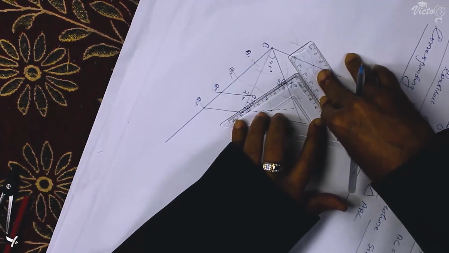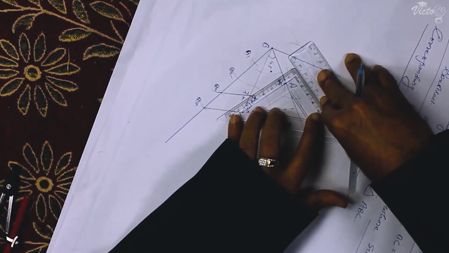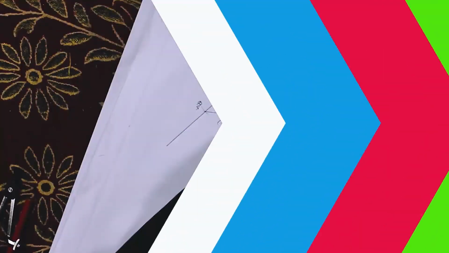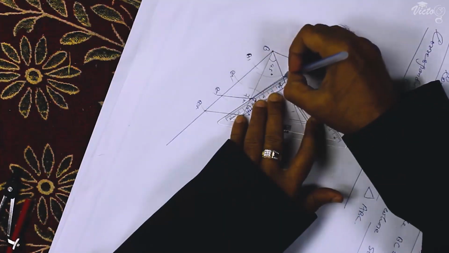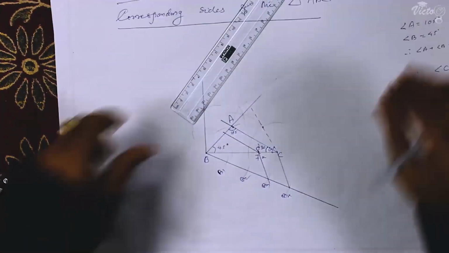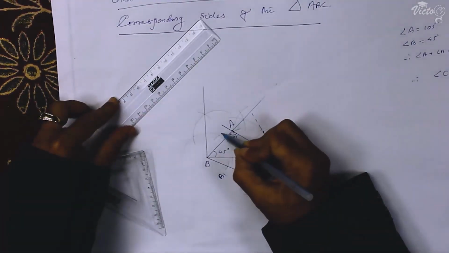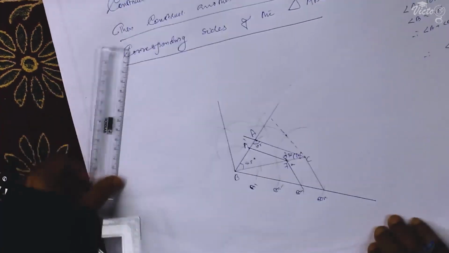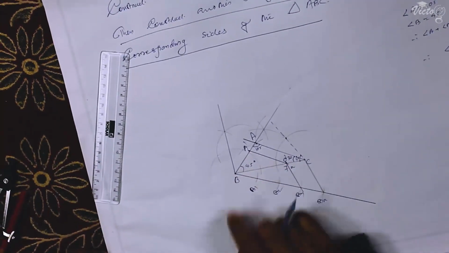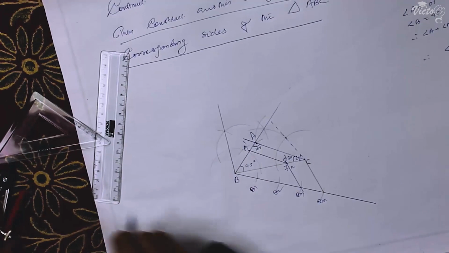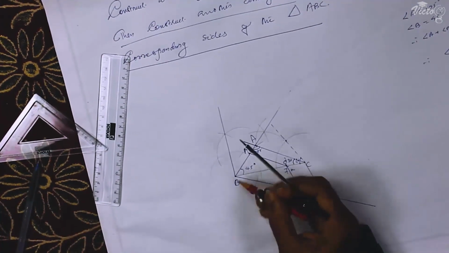Move the set square to the point C dash. Mark this point as A dash. Now A dash, B, C dash is the required triangle and we can shade it.